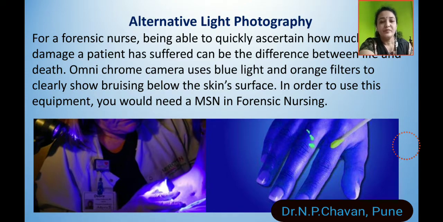But here, the bruising has occurred below the skin surface, for example if there is an injury to the abdominal wall and the bruise is not visible, but there is slight bruising even below the skin surface, that can be identified by this alternative light photography. In order to use this equipment, you would need an MSN in forensic nursing.